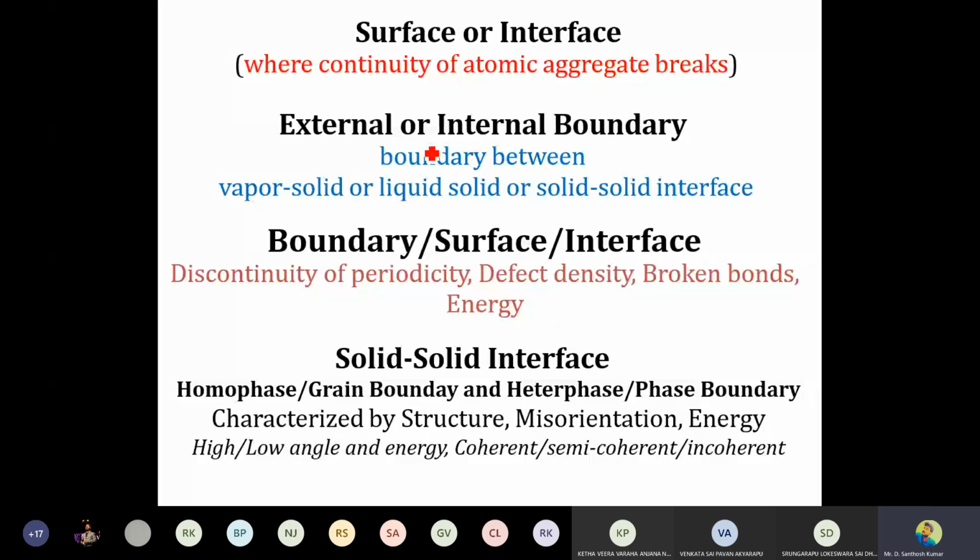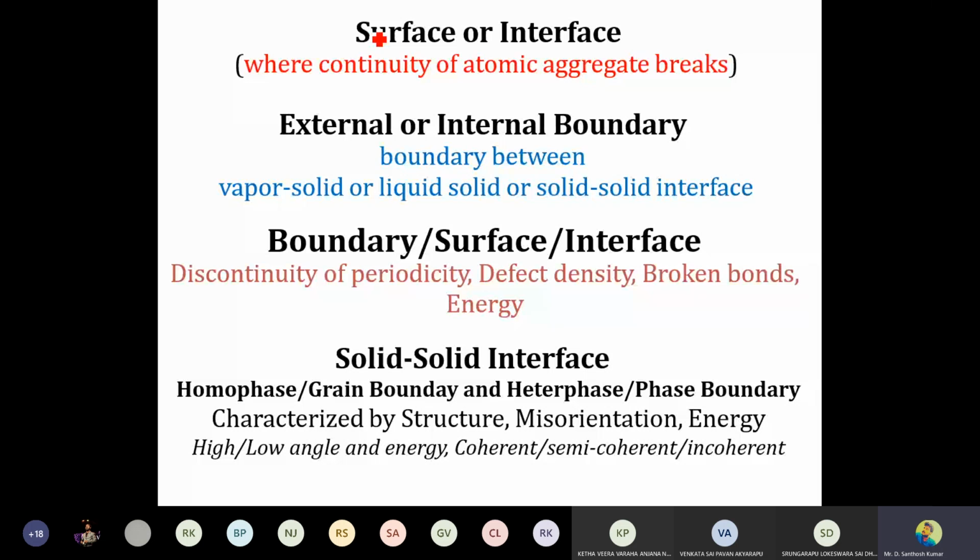Surface essentially is an entity where the continuity of the aggregate breaks down or ends. If you imagine a set of atoms manifesting in the form of crystals or a crystalline aggregate, where we have three-dimensional periodicity, or a situation where there is no such periodicity. Here we majorly talk about three-dimensional periodicity.